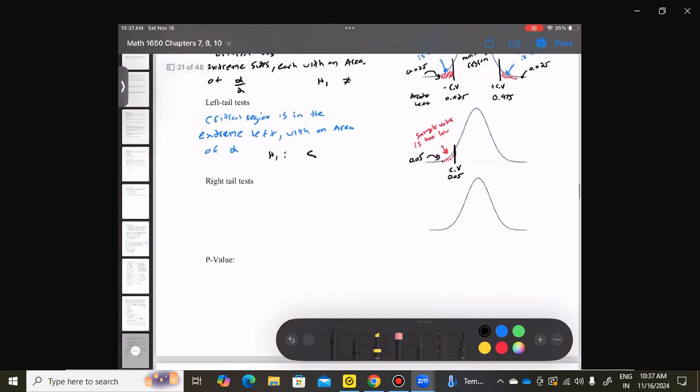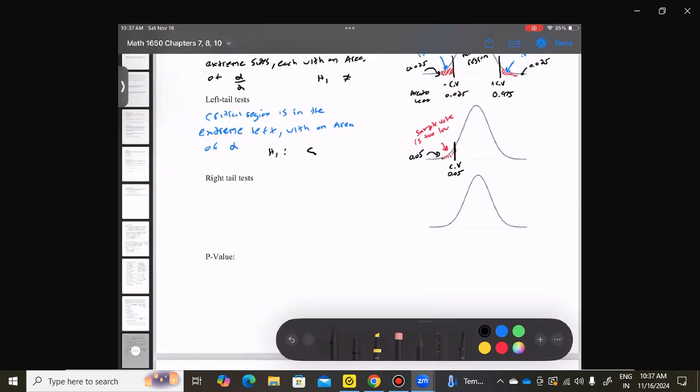The right-tailed test is basically the opposite of the left-tailed test. Critical region is in the extreme right, with an area of alpha. This is your critical value. This is your rejection region.